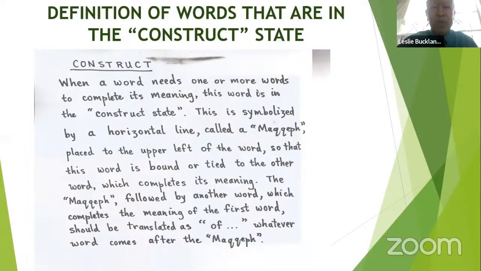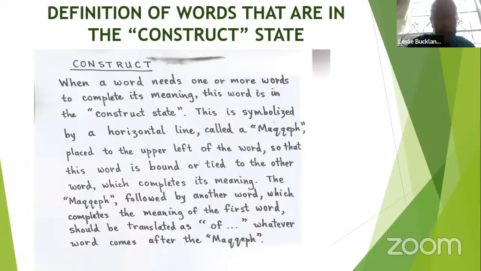So when you see the word construct, I want you to think of the word construction. I want you to think of building a building, adding on to what is there already. That's the idea. So starting again with the word construct. When a word needs one or more words to complete its meaning, this word is in the construct state.